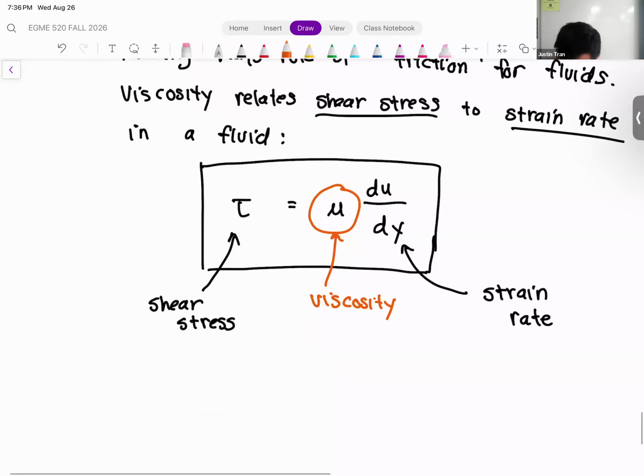But let's give a bit more context to shear stress and strain rate. One way to think of the strain rate is that it represents how quickly the fluid is flowing.